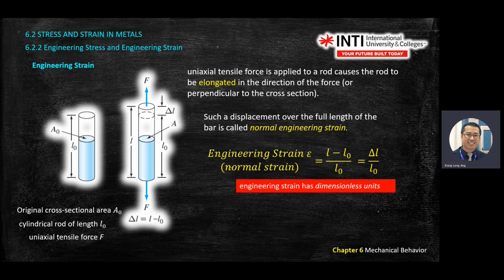Remember, strain doesn't have a unit. It is dimensionless. Why? The change of length is in meters and the original length is also in meters, so you cancel the dimension. But you can still write meter over meter if you want.